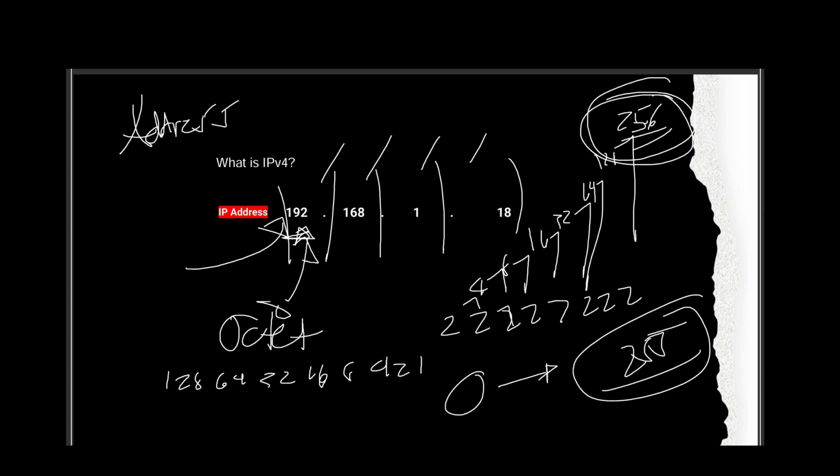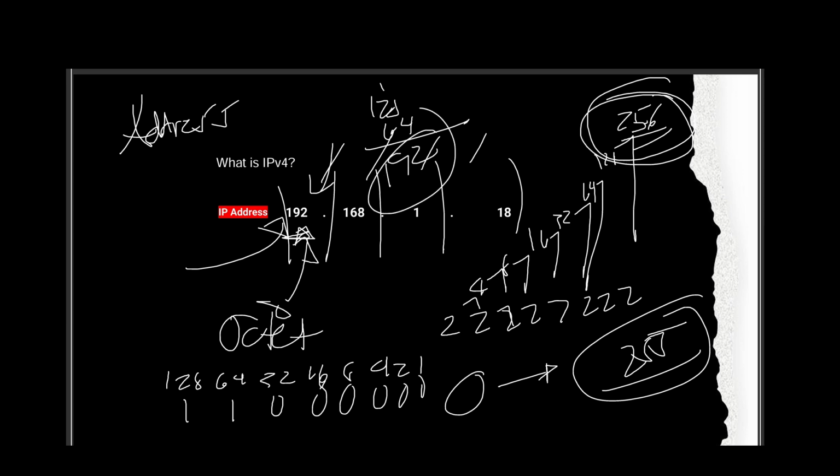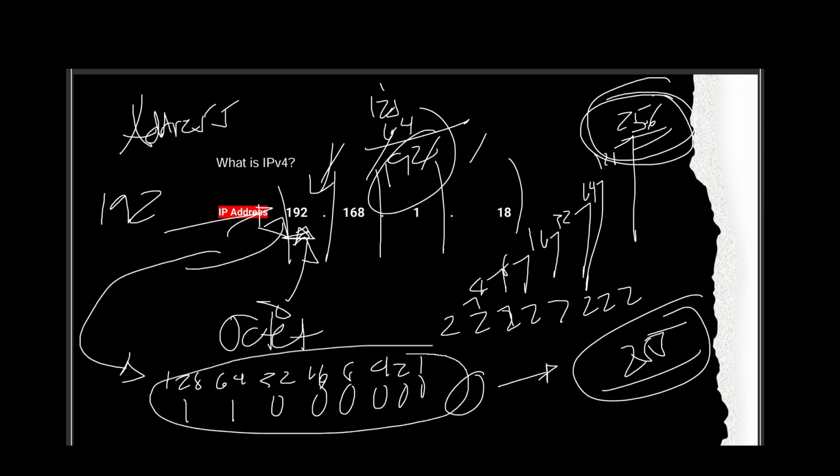So it's always powers of 2. If we represent this in bits, it's 1, 1, 0, 0, 0, 0, 0, 0. Why is that? Because when you add 128 to 64, that's 192. So this value is equivalent to this binary one at the machine level. The same goes for the other blocks. You just need to check which values, when added up, result in that number, and that's the equivalent binary value of that block for that specific IP address.